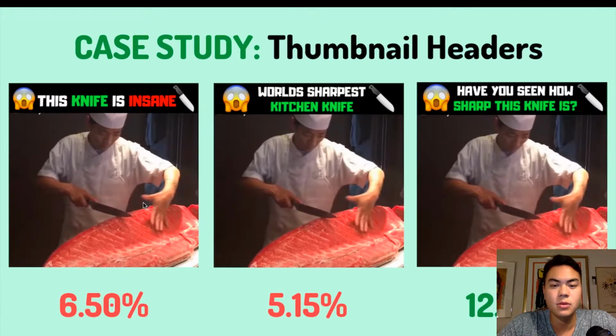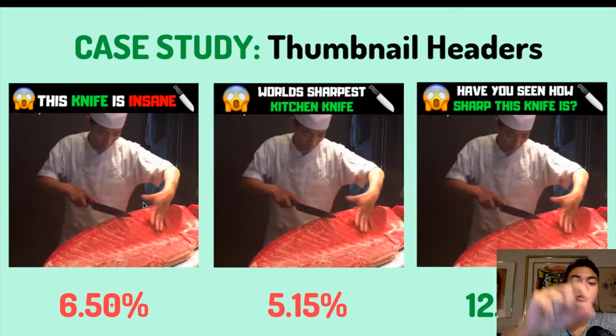Here's a little case study I did with testing the thumbnail headers. So it's not even testing the ads or the ad videos or the ad images or the ad copy. This was just a little test I did on the actual thumbnail header of a video ad.